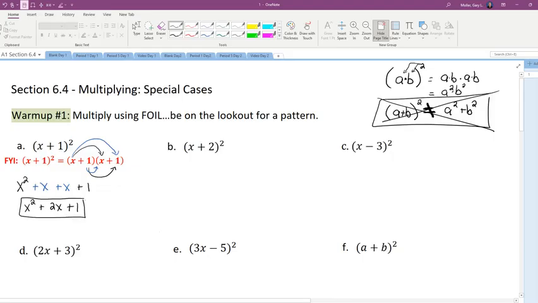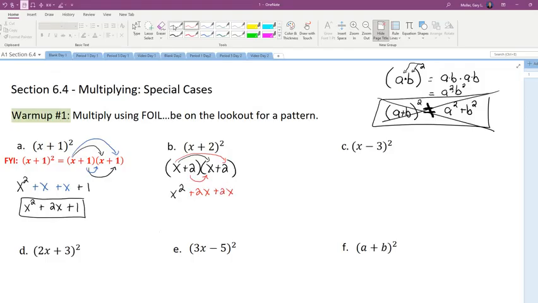All right, so we're just going to do that for the remaining problems. Please pause the video and do those yourself. All right, here we go. x plus 2, x plus 2, FOIL: x times x is x squared, x times 2 is plus 2x, and 2 times x is plus 2x, and of course 2 times 2 is 4.